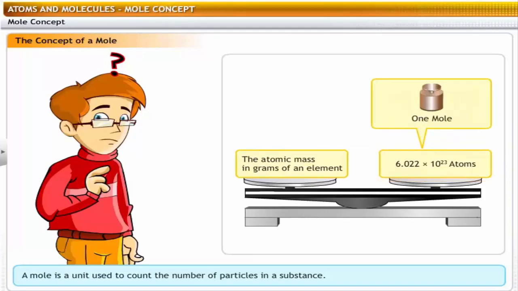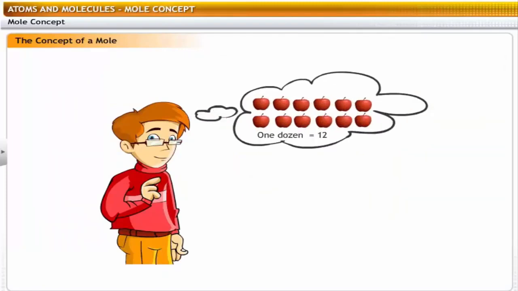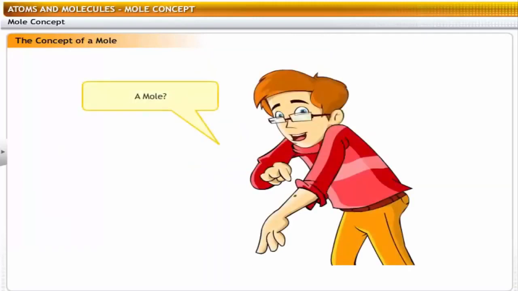This number was called mole by scientists. A mole is a constant, definite number of atoms of a particular element. For example, when your mother asks you to get a dozen apples, how many would you get? It means 12, obviously. Similarly, a mole is also a constant and a definite number like a dozen. A mole.